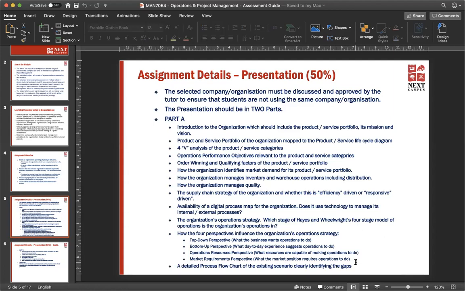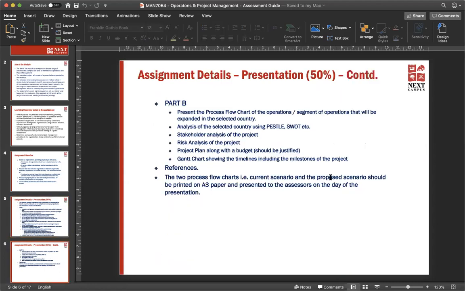You are going to rectify the gaps, bridge the gaps, and then move the operation. So when you do your new process flow chart, that should have rectified the previously identified gaps in the operations process.